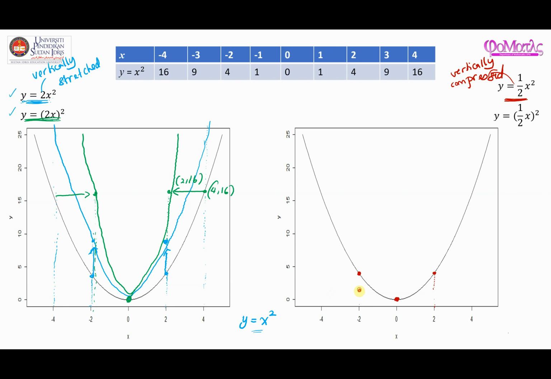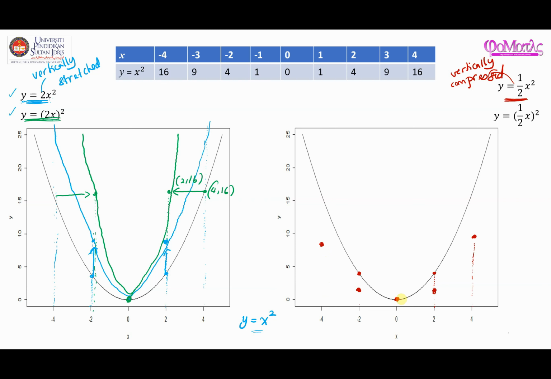So it will be somewhere here, and this will also be somewhere here. Now similarly, if x is 4, the new y here will be at 8, maybe somewhere here. And this at negative 4 will be maybe somewhere here.